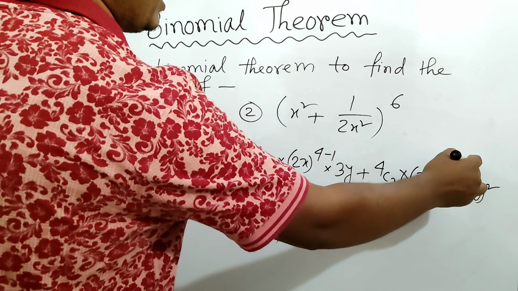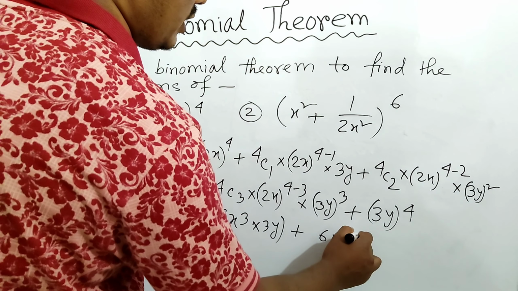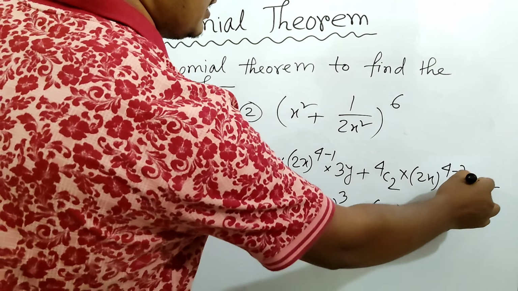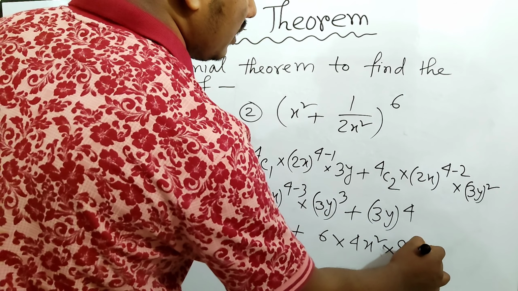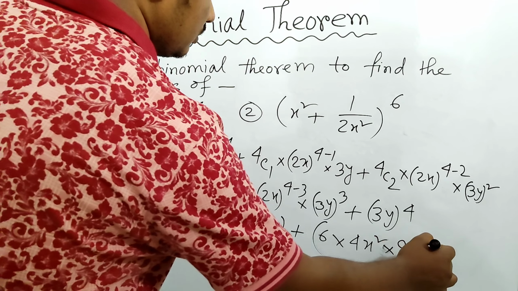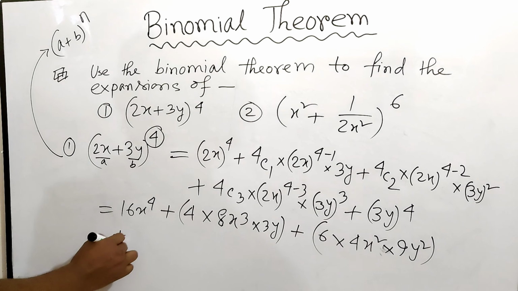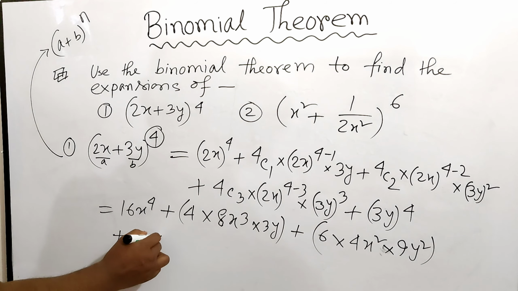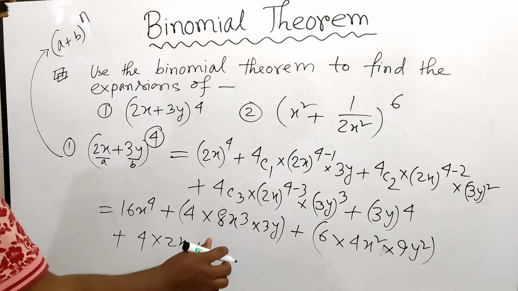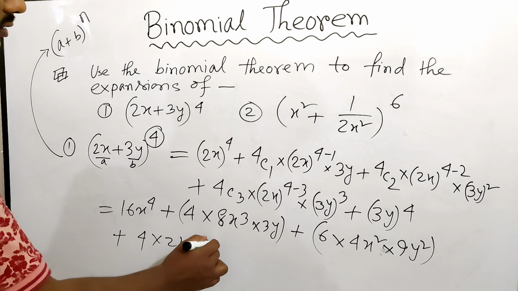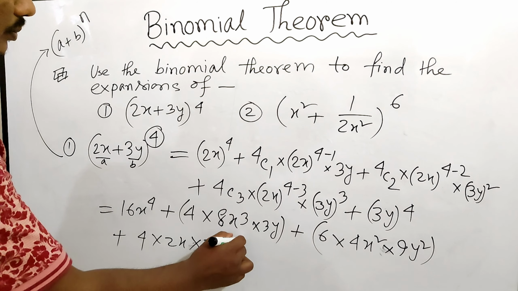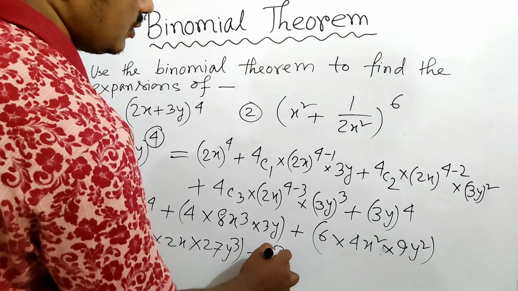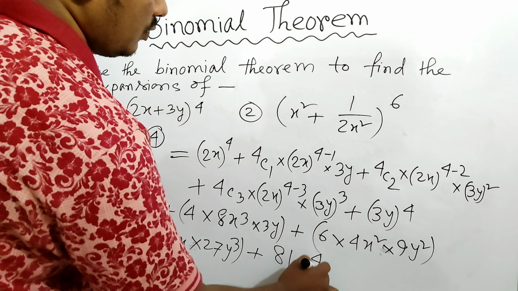Multiplied by 2 power 4 minus 2, that is 2, 2 square, that is 4x square, multiplied by 3 square means 9y square, plus 4C3 means 4, 2 power 1, that is 2x, and 3 cube means 27y cube, and finally 3 to the power 4, that is 81y to the power 4.